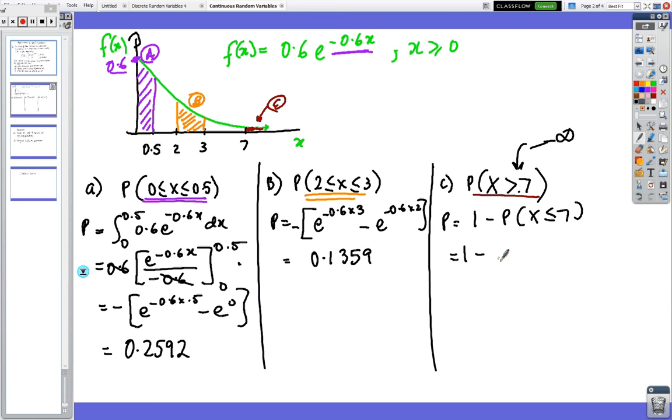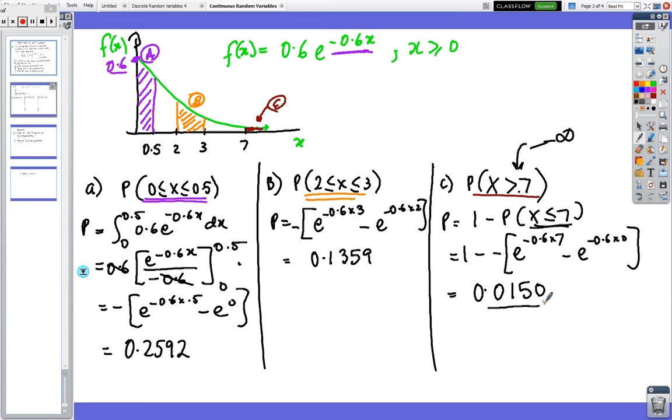So we've got 1 minus, and we go straight to that answer: a minus sign, e to the minus 0.6 times 7 minus e to the minus 0.6 times 0, because we're going from 0 to 7. When you put that on your calculator, you get 0.0150, which you expect because it's a very small area.